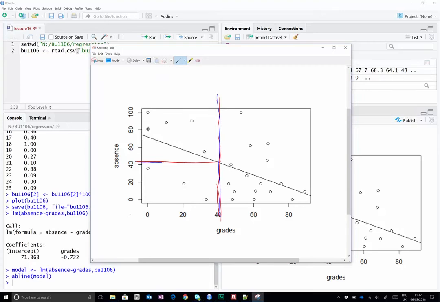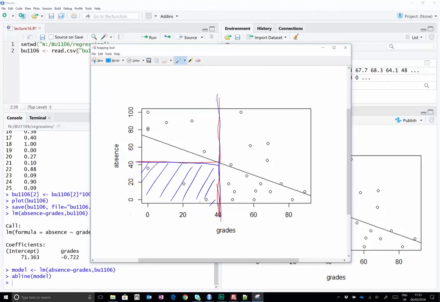And all the people under this line, so there's 3 students who actually had a lot of attendance, very few absence, but they still failed. But generally, it's true, but obviously this kind of model is not perfect.